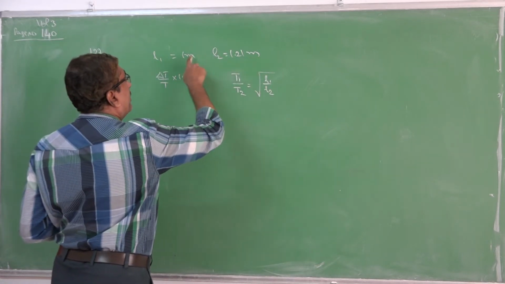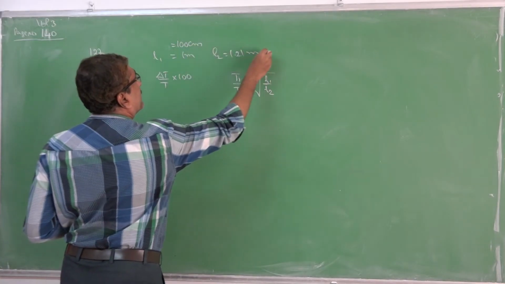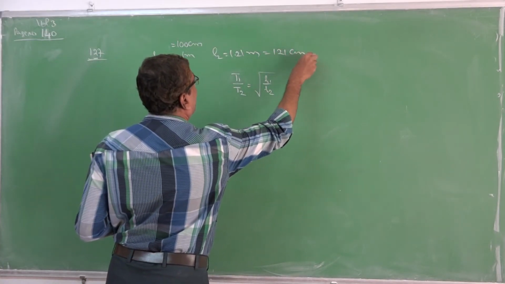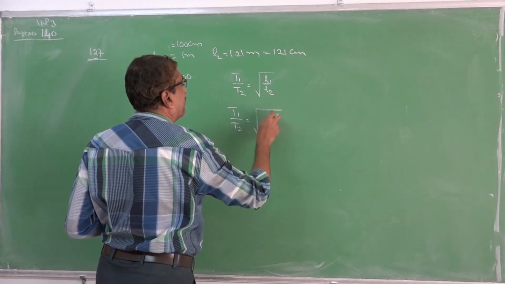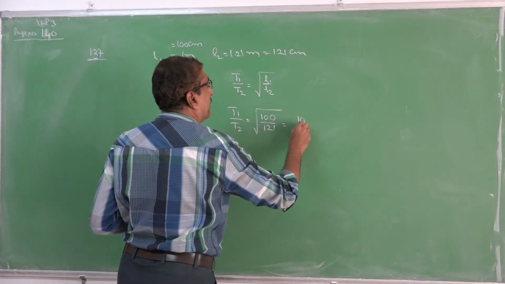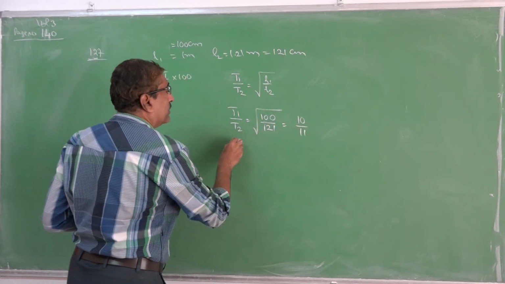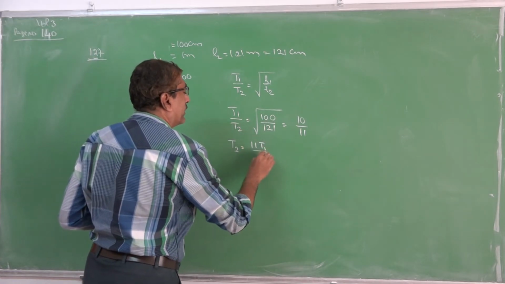For convenience we write this in centimeters: 1 meter means 100 centimeter, and this is 121 centimeter. So T1 by T2 is equal to square root of 100 by 121, that is 10 by 11. So T2 is equal to 11 T1 by 10.